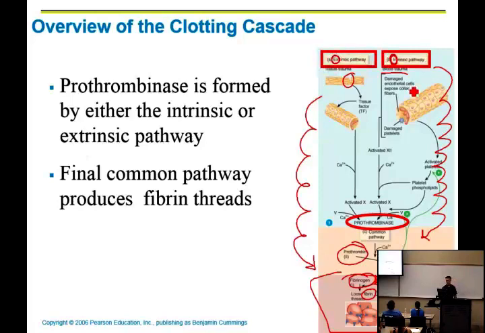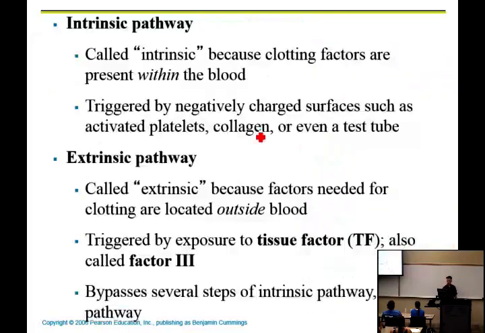Okay? The intrinsic pathway, because it's occurring within the blood, while the extrinsic pathway is going to be started with factors outside the blood, with the surrounding tissues. And the extrinsic pathway, like we said, bypasses a number of those steps.